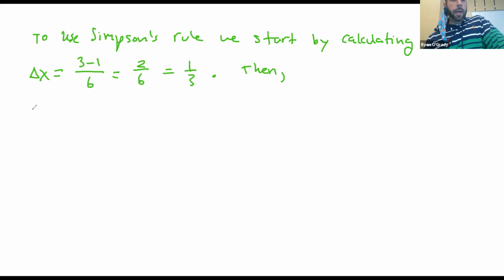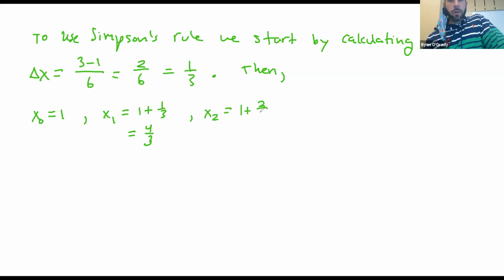Then what are our x's? X sub 0 is 1. X sub 1 is 1 plus 1/3, which of course becomes 4/3. X sub 2 is 1 plus 2/3, which becomes 5/3.